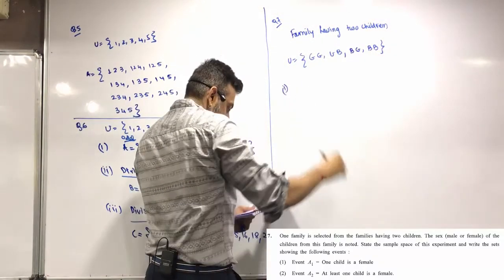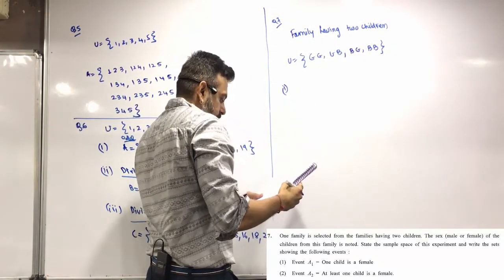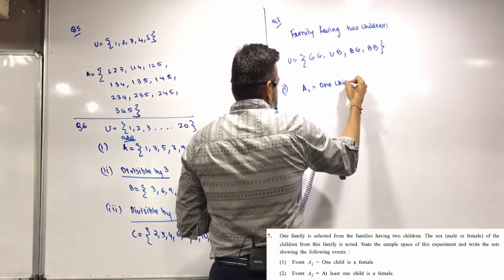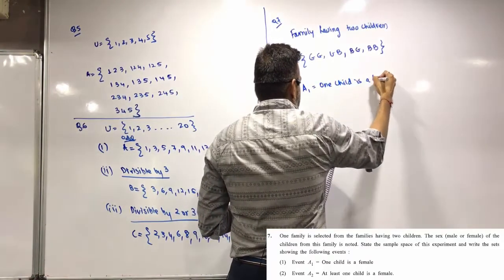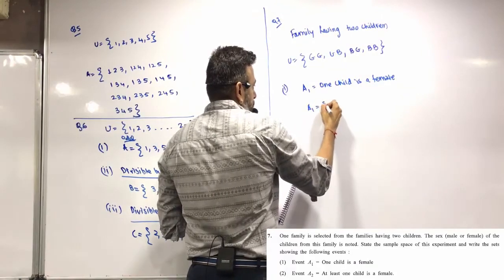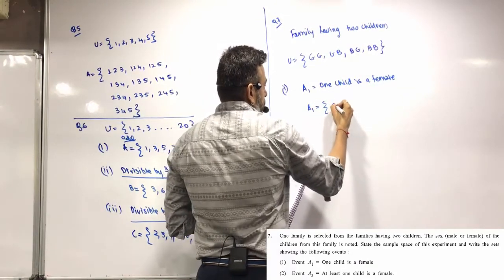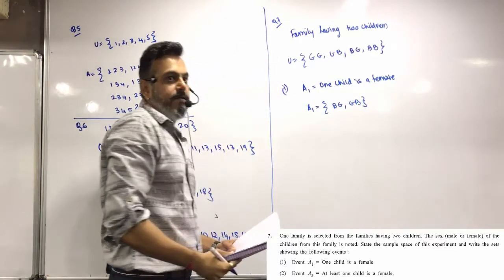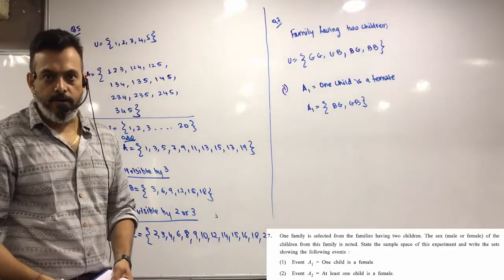First is, we want to find that event A1, one child is a female. So what is event A1? G, G and G, B. Okay, one child is a female. Okay.